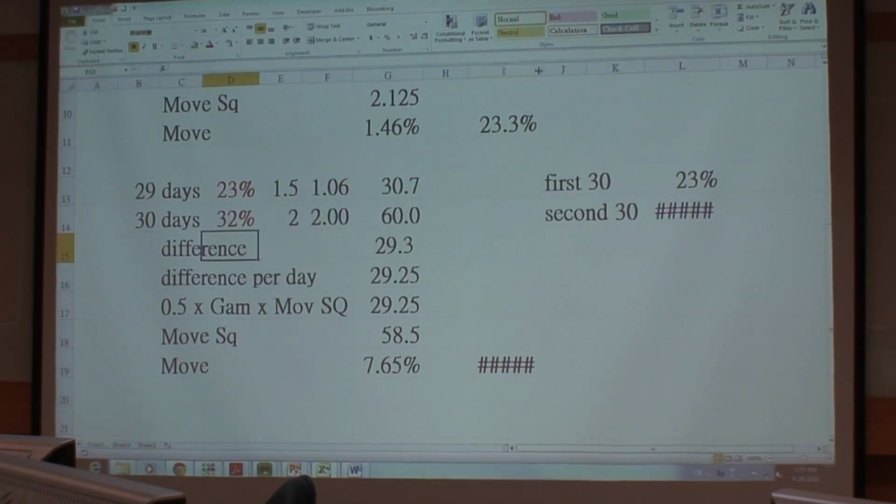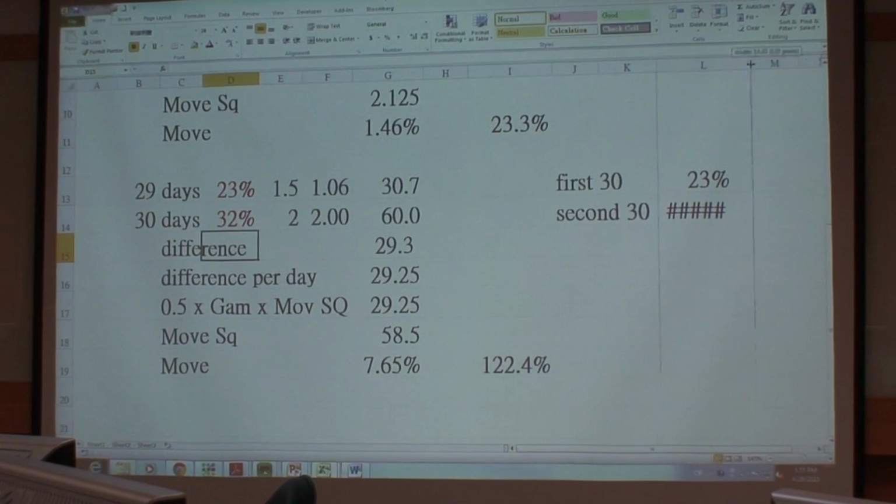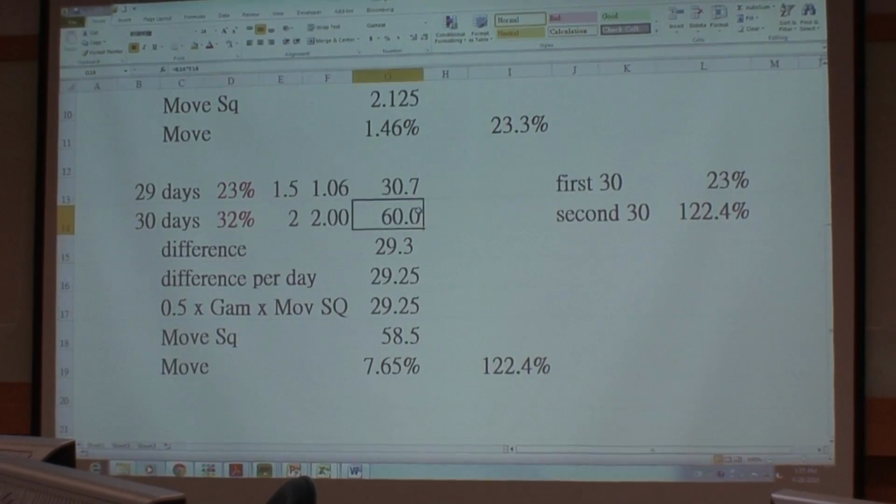And now if I do the exact same calculation, you notice that out of $60 in premium, namely 30 days moving 2%, $30 represents those 29 not so exciting days at which I move a bit over $1 each. So that means there's still $29 left, purely represented by that one earnings day.